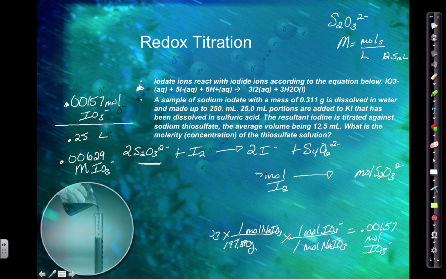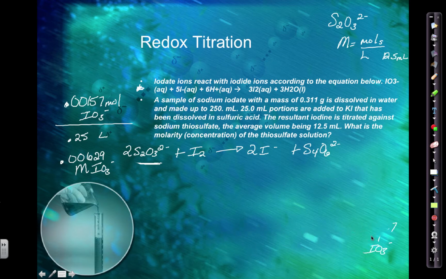And this is where you have to say, okay, I can't just jump from moles of iodate to moles of my iodine. So remember, I'm going from moles of iodate to moles of iodine in the first reaction, and then I can go to moles of sodium thiosulfate.